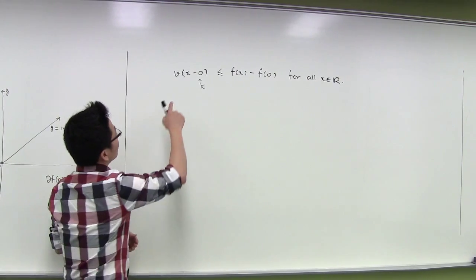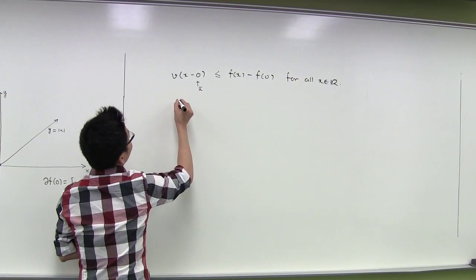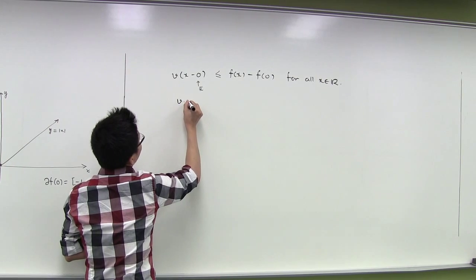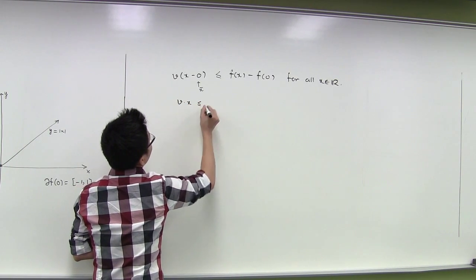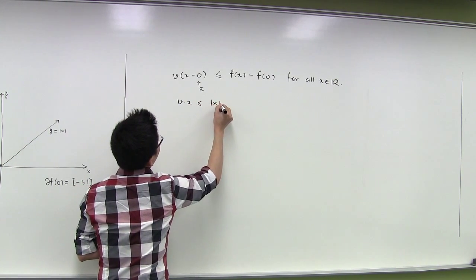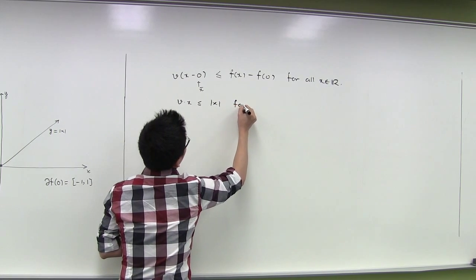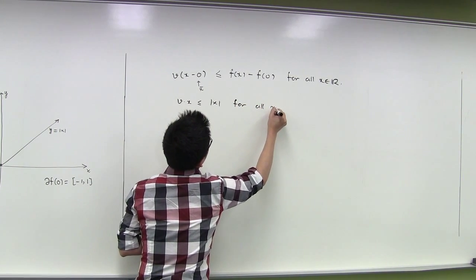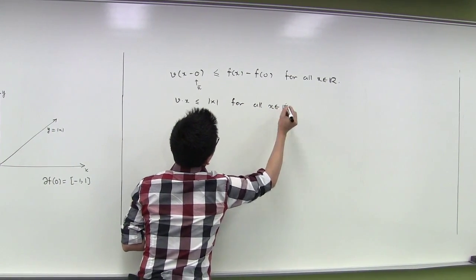So this can be written as follows: v times x is less than or equal to the absolute value of x for all x in R.